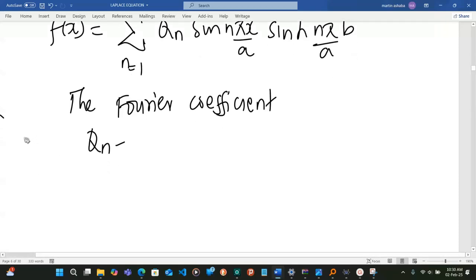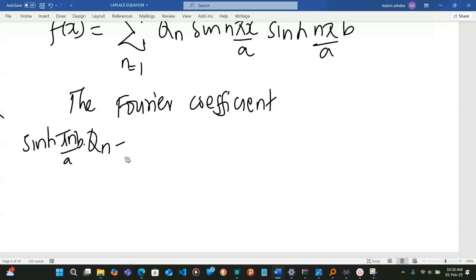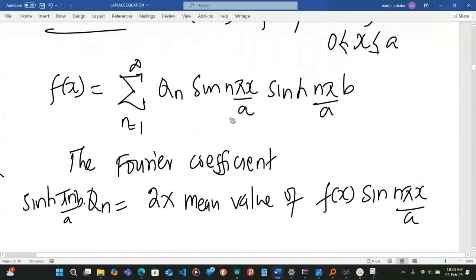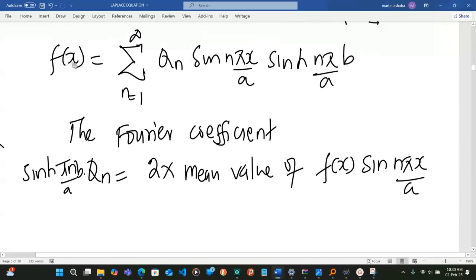So I'm going to multiply by the hyperbolic sine of (nπ out of a) times b. This is going to be then twice the mean value of f(x) sin(nπx out of a). This is already established, but also when you look at this, you have f(x) and a sine function, sin(nπx out of a).